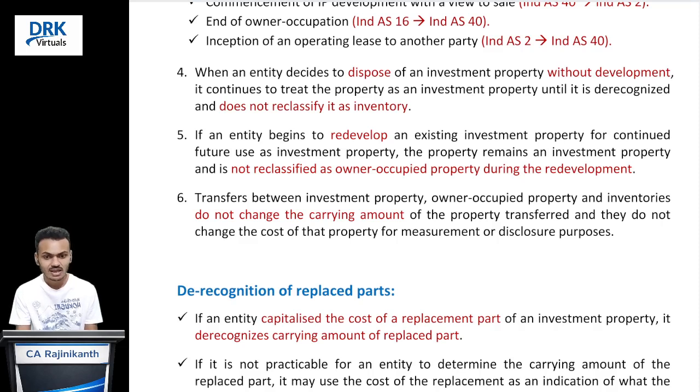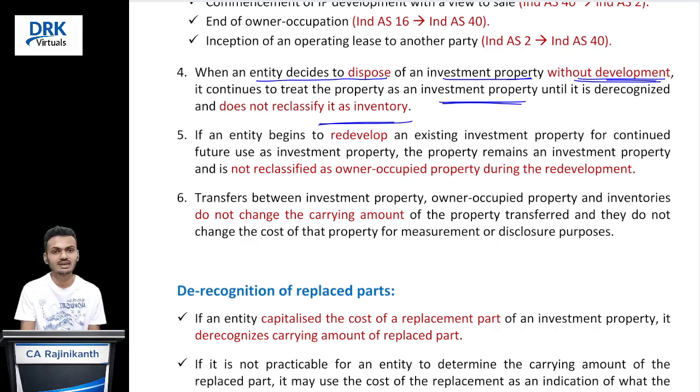And the next one is when an entity decides to dispose of an investment property without development, we should continue to treat it as investment property only. We should not classify it as inventory until we derecognize it. And next, if an entity begins to redevelop an existing investment property for continued future use as investment property, that property remains an investment property.